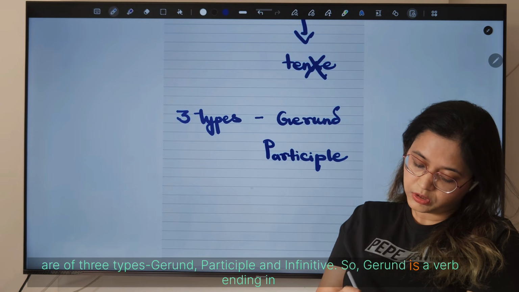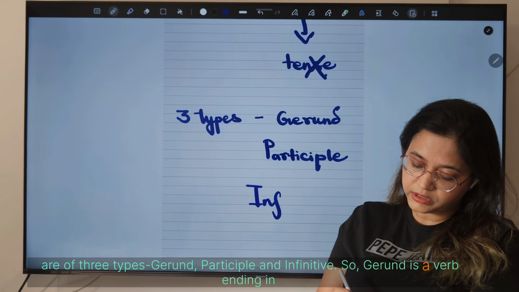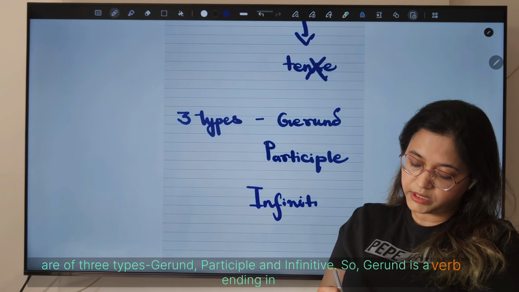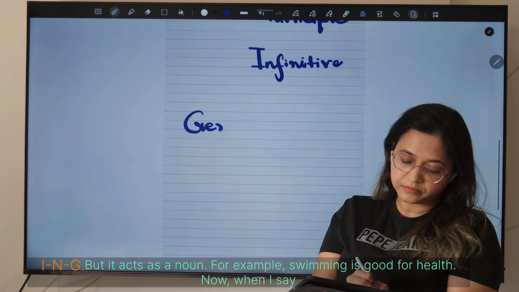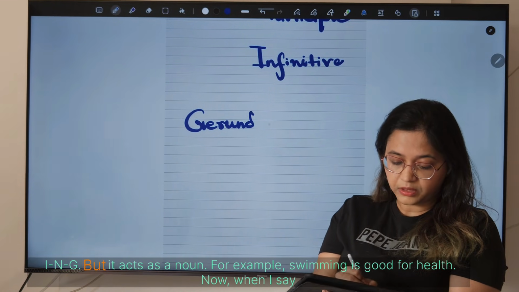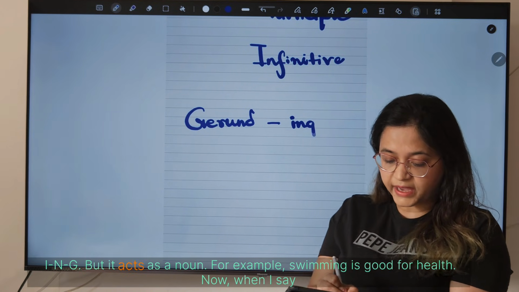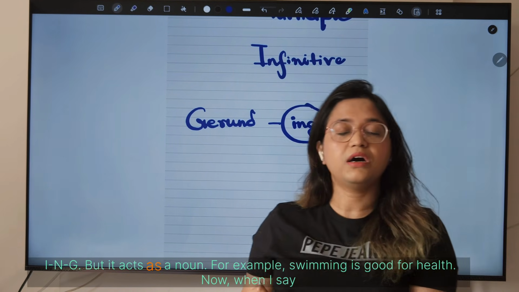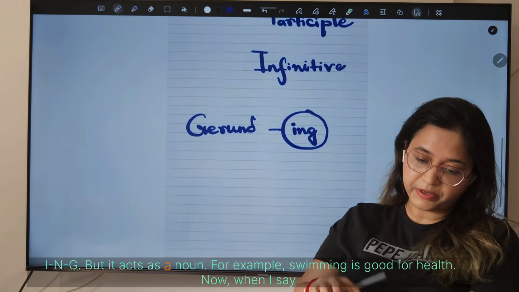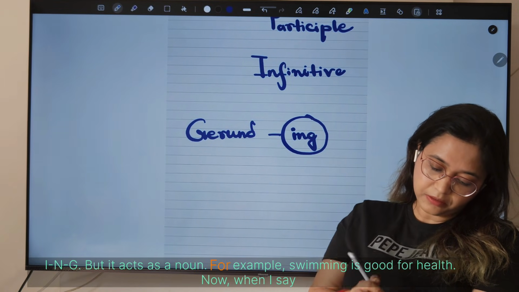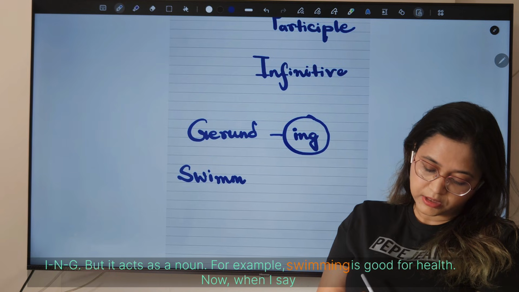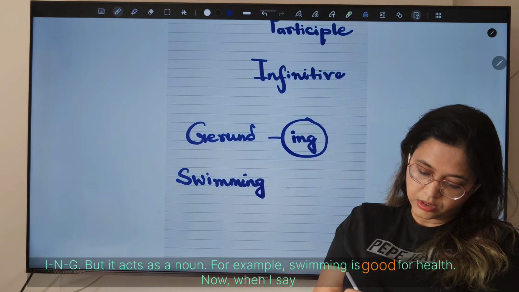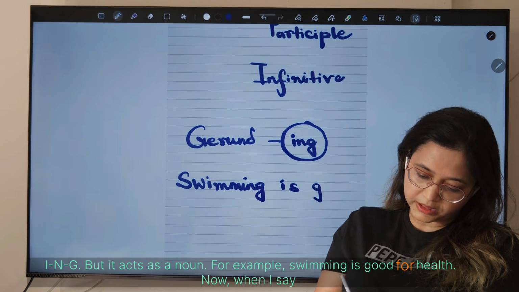So, a gerund is a verb ending in ing, but it acts as a noun. For example, swimming is good for health.